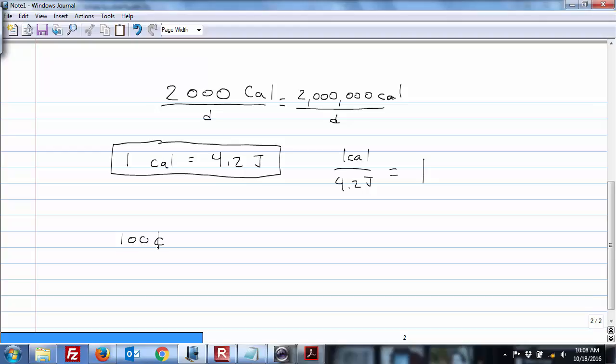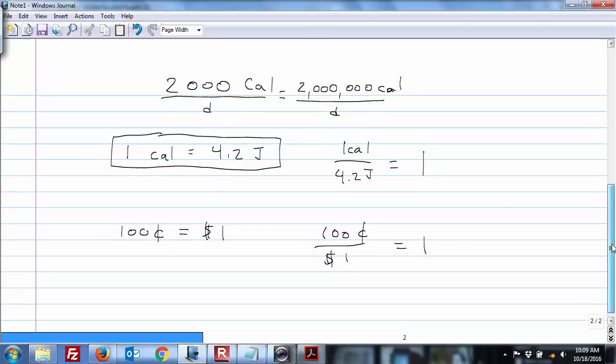It's exactly the same as 100 cents equals $1. So it's the same as saying 100 cents divided by $1 equals 1. It's weird because dividing a smaller number by a larger number and getting 1, my brain doesn't like that. But I see what you're saying.